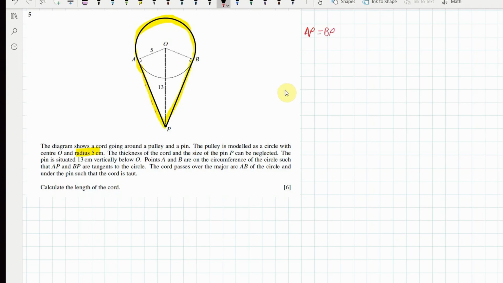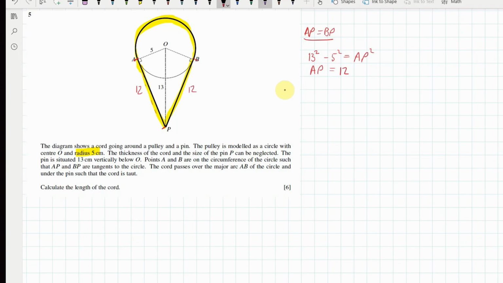Okay, you can see those are equal, and we know that we have a triangle here, and so we've got 13 squared minus 5 squared equals AP squared, and therefore AP equals, now if you just chuck that into your calculator, you've got 169 minus 25, which is 144, so you see that AP is 12. So we know that this here and this here are 12.